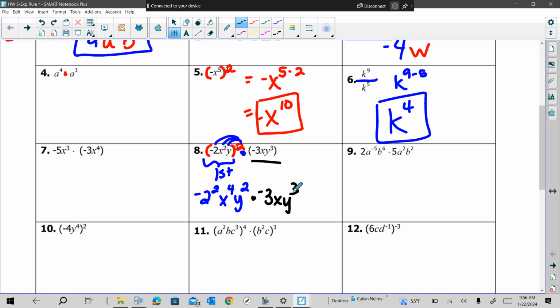Now, we need to simplify this negative 2 to the second power. What does negative 2 to the second power become? Yeah, this right here is really just 4. I'm changing that to a 4.